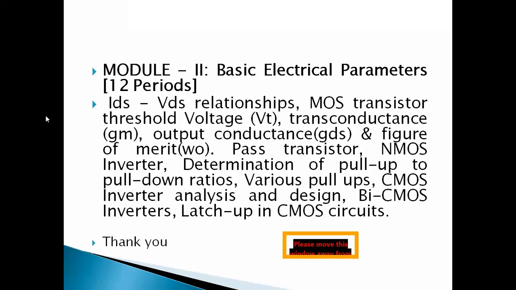And the NMOS, MOS transistor threshold voltage VT, transconductance gm, output conductance gds, figure of merit omega naught, as well as pass transistor, NMOS inverter, determination of pull up and pull down ratios, various pull up circuits, and CMOS inverter analysis and design. Only the BiCMOS inverter as well as latch up in CMOS circuits are left over. In the next class we'll deal with the BiCMOS inverter.